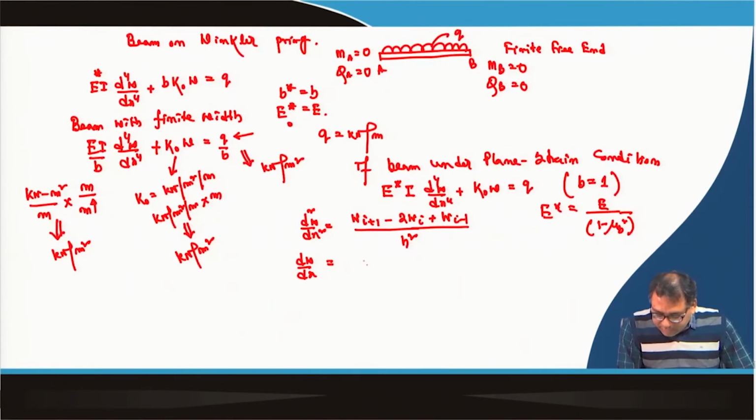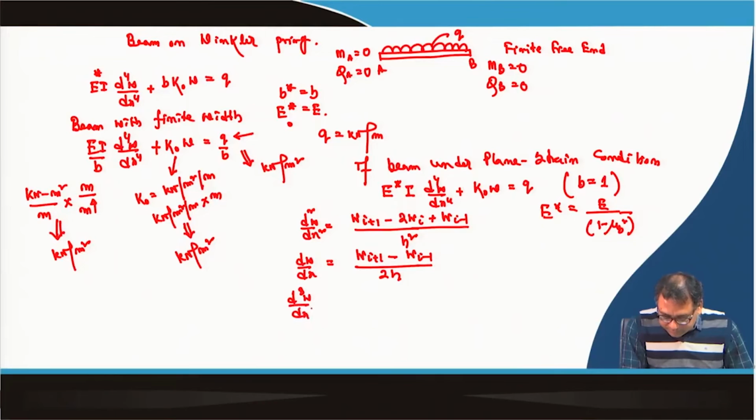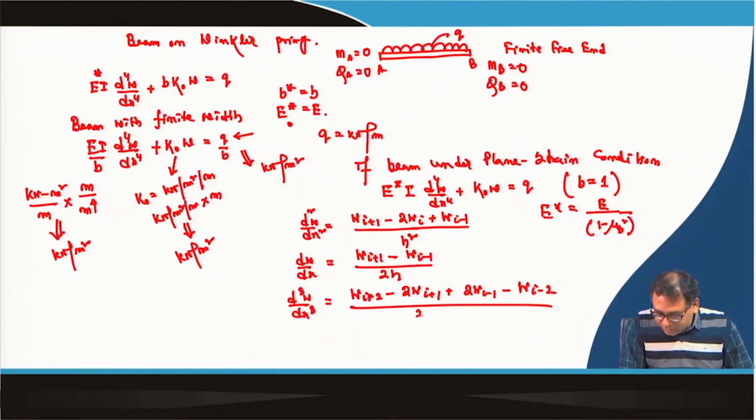Okay. So, I can write W I plus 1 minus W I minus 1 divided by 2h. In a similar way, I can write d3W dx3, that is equal to W I plus 2 minus 2 W I plus 1 plus 2 W I minus 1 minus W I minus 2 divided by 2 h cube.